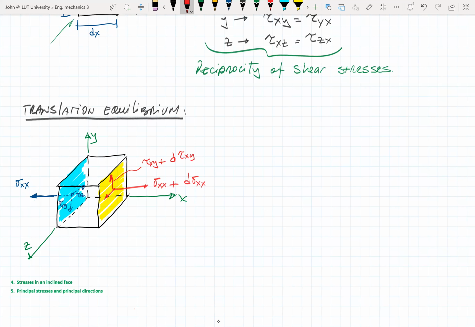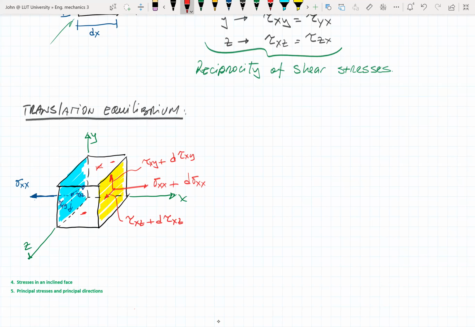Similarly, I'm going to have here tau xz plus a differential, d tau xz. Please notice that I have just drawn this in two phases, but this is going to happen in all of the phases that I have in the cube. So these positive phases, this positive phase here, and this negative phase, and this other negative phase here, I'm going to have the same.